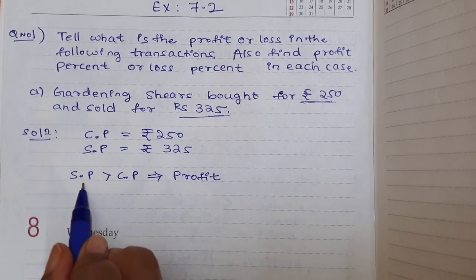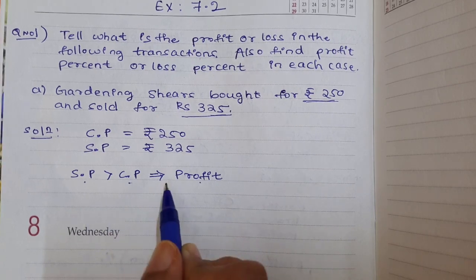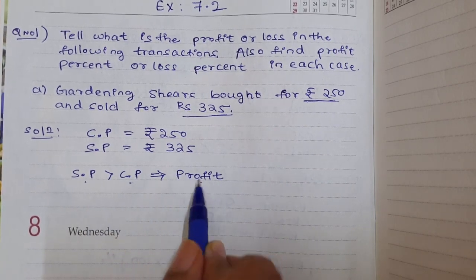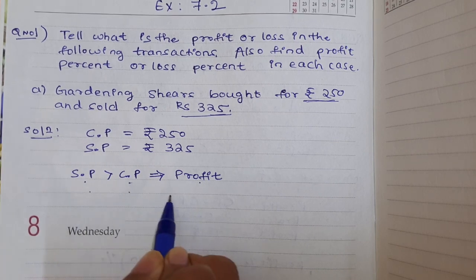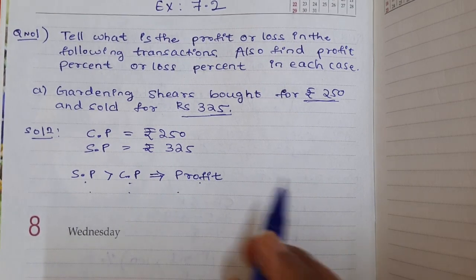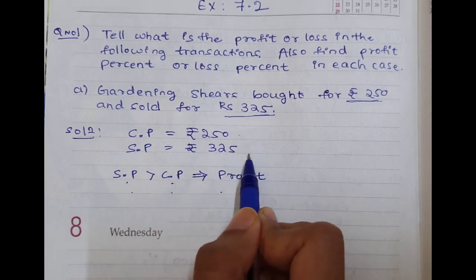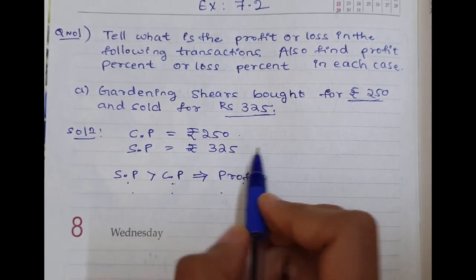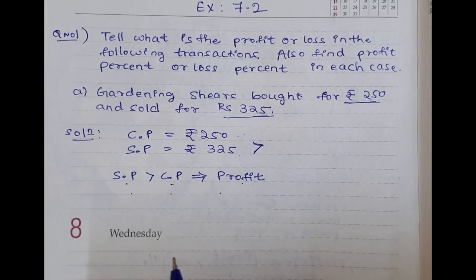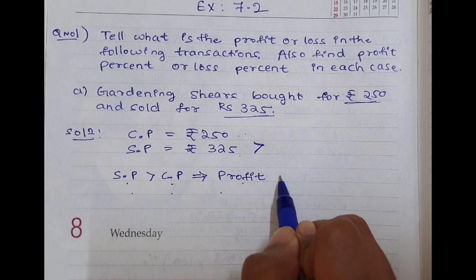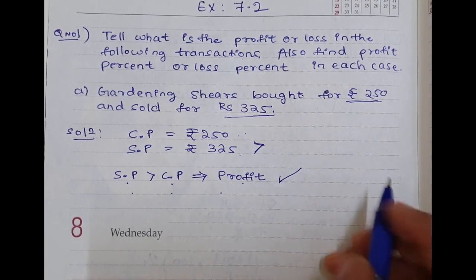In the reverse case, we will be at loss. That means when the cost price is greater than the selling price, we will be at loss. In this problem, the selling price is greater than the cost price. That means we are at profit, right?